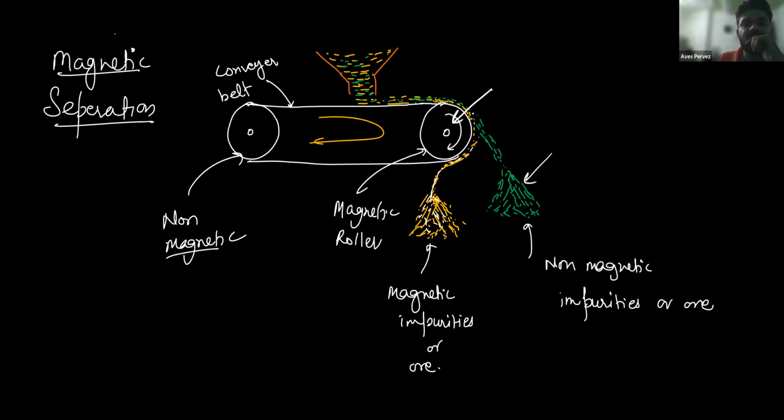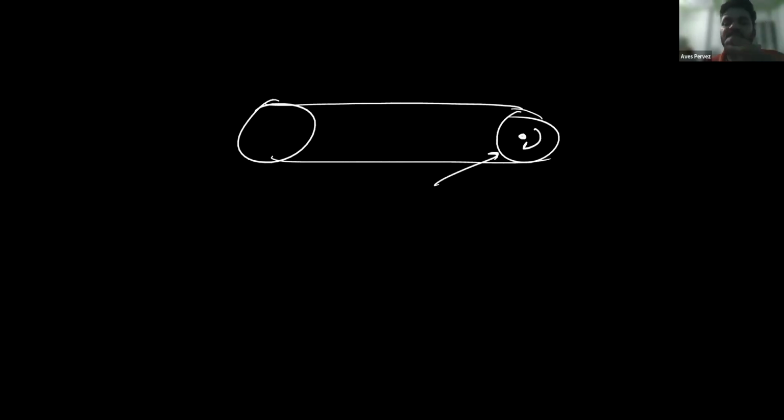So I'm saying here that one is magnet attracted. Let me explain one more time. This is the conveyor belt, this is the magnetic separation, and this is the roller made up of magnet. When the conveyor belt passes over it, one substance has a magnet attracting property. If it is not attracted to the magnet, it will fall here.